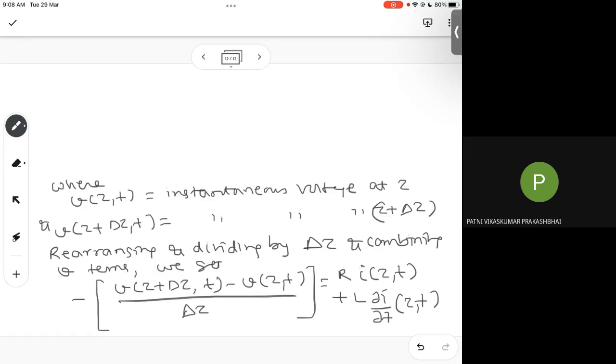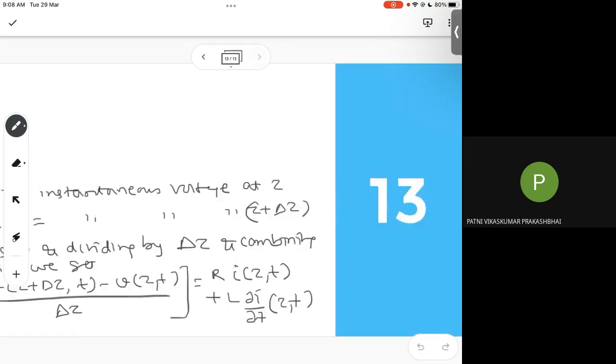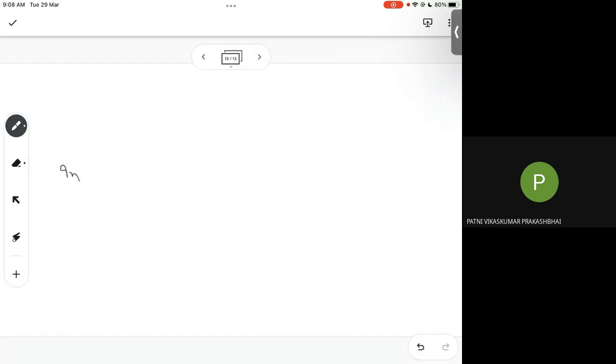Now how to solve? As I said, we are assuming delta Z is going to 0, so I have to apply that limit. In the limit, delta Z tending to 0, your difference goes to differential.